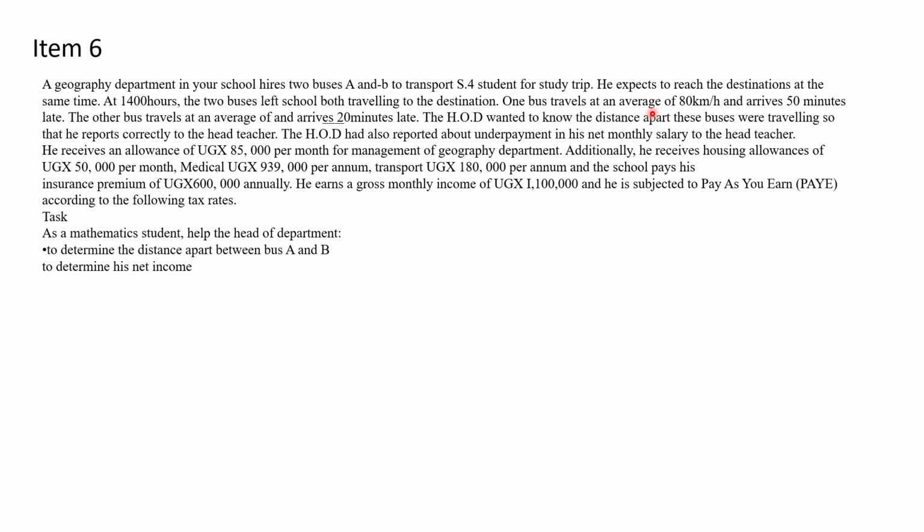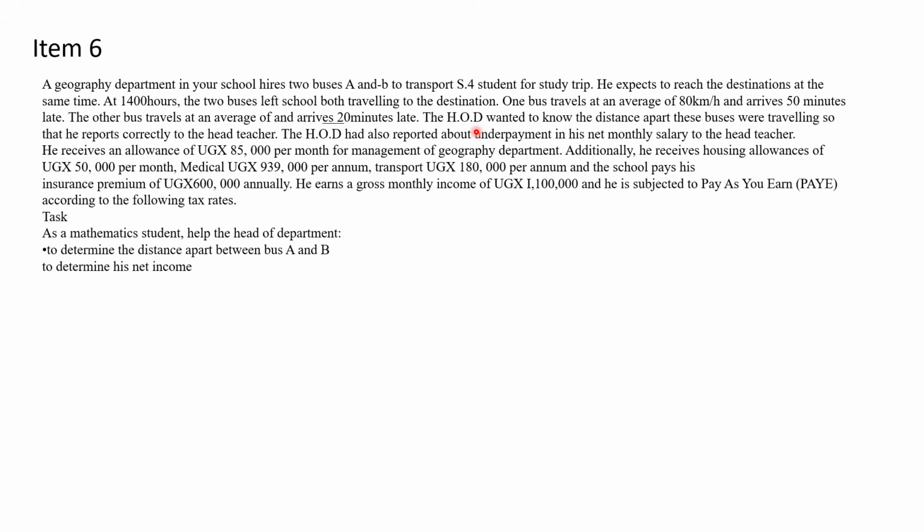One bus travels at an average speed of 80 kilometers per hour and arrives 50 minutes late, and the other travels at an average speed of 100 kilometers per hour and arrives 20 minutes late.